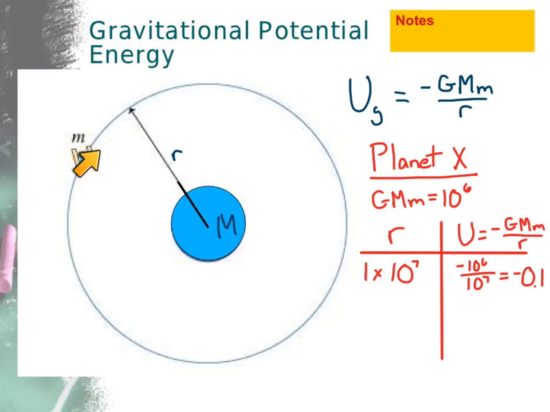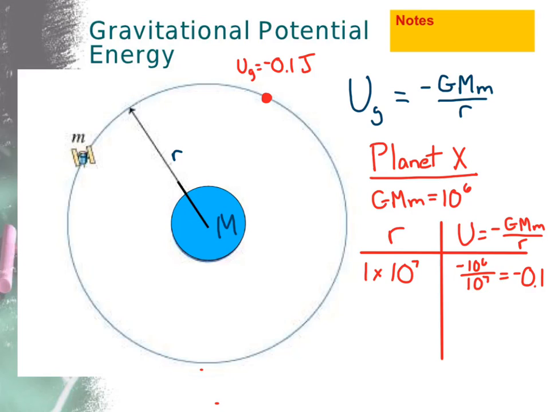So this satellite orbiting this planet at this distance has a potential energy of negative 0.1 joules. You might be wondering about the negative sign, but hang in there with me and I'll explain it on my next slide.